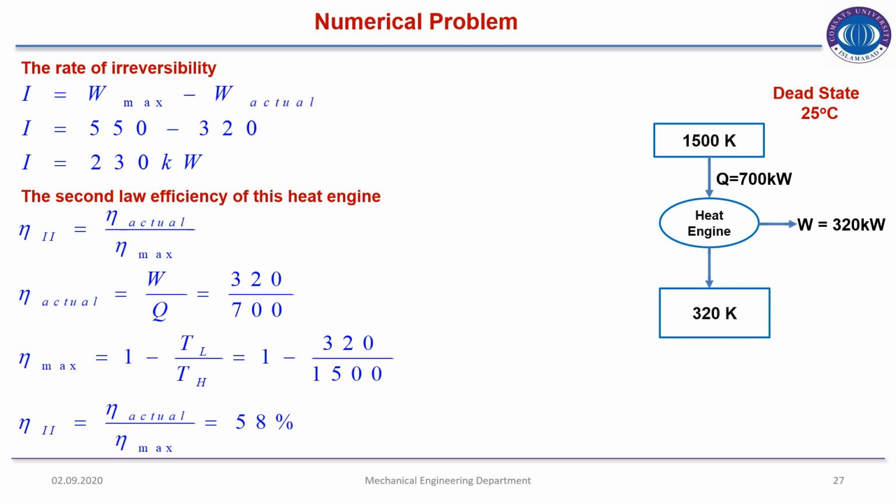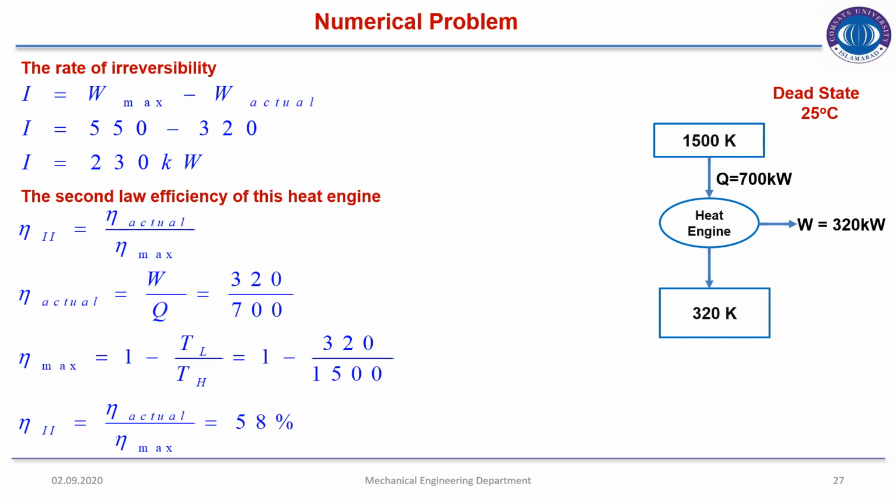Now the third question was to calculate the second law efficiency of this heat engine. As we have derived the relation, the second law efficiency is the efficiency of actual heat engine divided by the efficiency of Carnot heat engine or reversible heat engine, that is the maximum efficiency. The efficiency of actual heat engine is W by Q, that is 320 divided by 700, and the efficiency of maximum heat engine is 1 minus TL over TH, that is the formula to calculate the efficiency of Carnot heat engine.